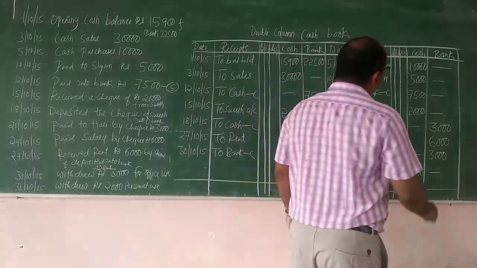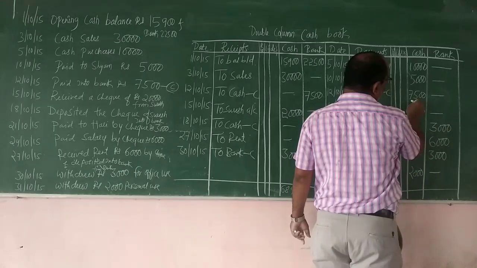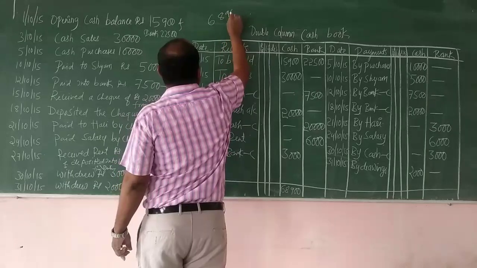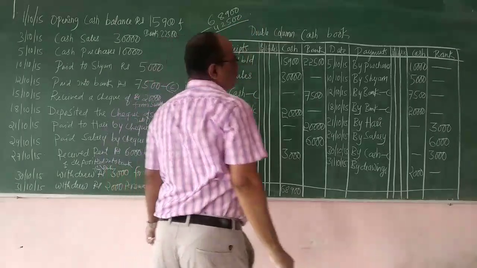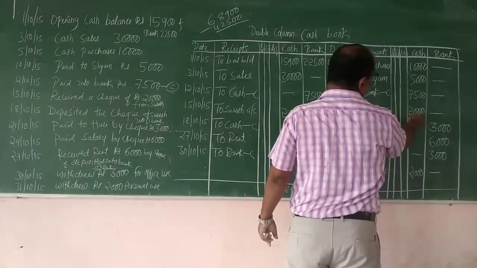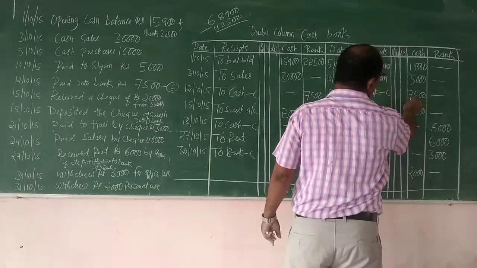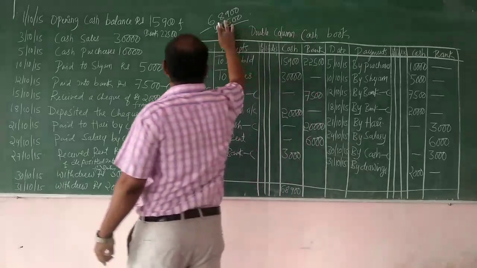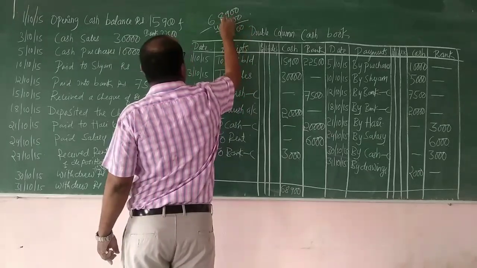And on the payment side, 10, 15, 15 plus 20, 35, 35 plus 5, 40, 42,500. 68,900 minus 42,500 is the payment. 44,500 is the payment.